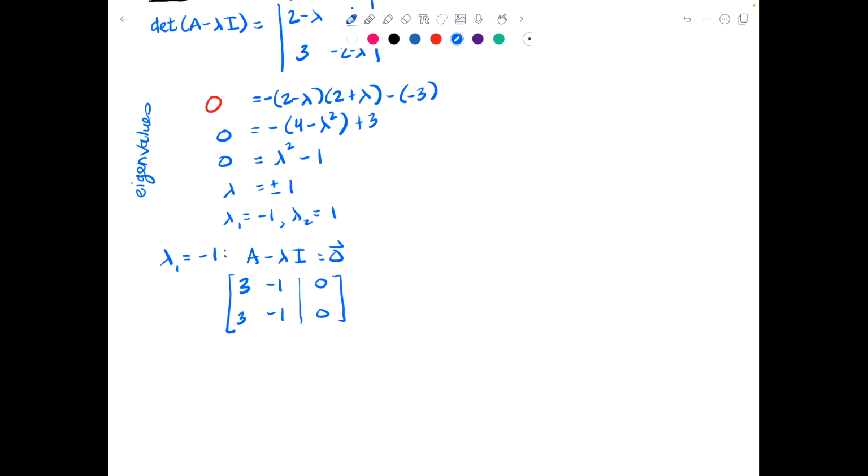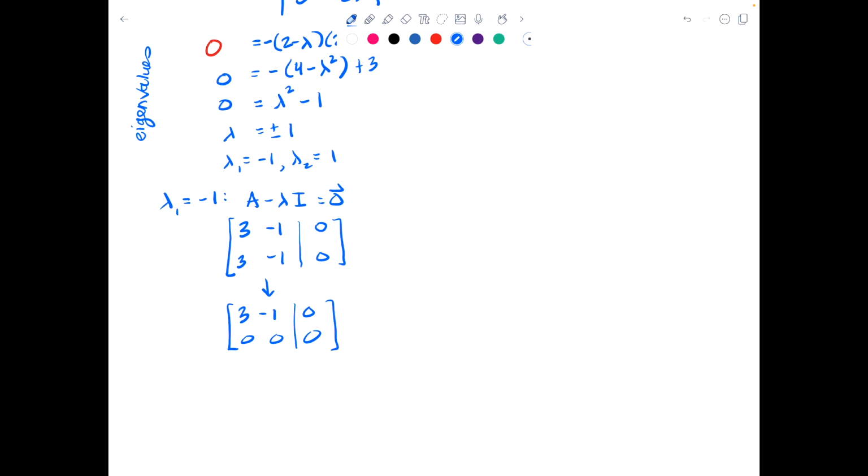And so what does this mean? You know how to find the reduced row echelon form, but you don't even need that. We just want to simplify this one. If you add the opposite, you'll end up with an equivalent matrix of 3, negative 1, 0, 0, 0, 0, because you have the same line. That means 3 times k1 minus k2 is equal to 0, so 3k1 is equal to k2.